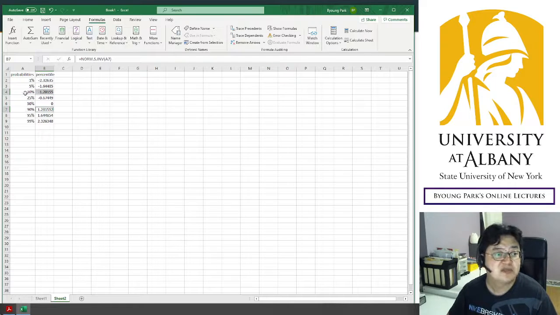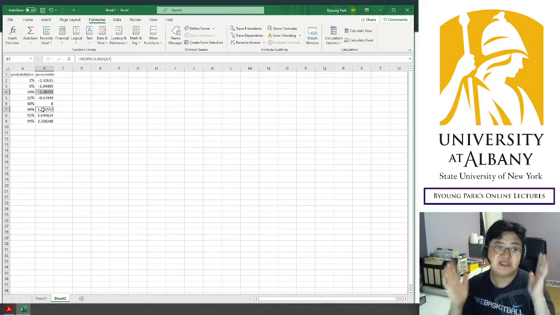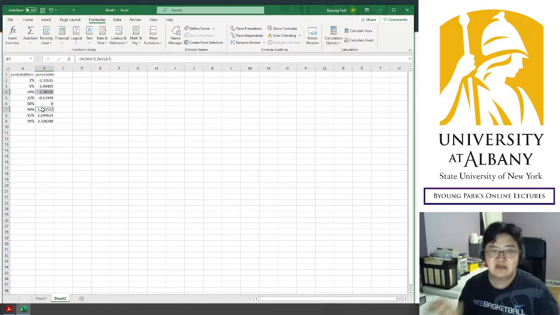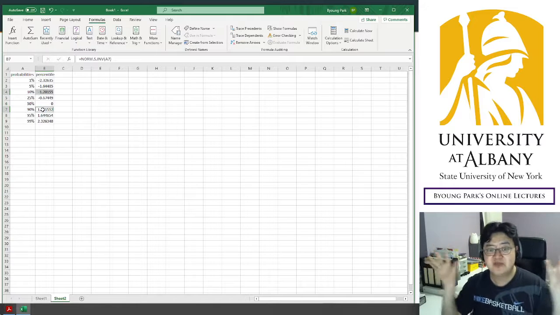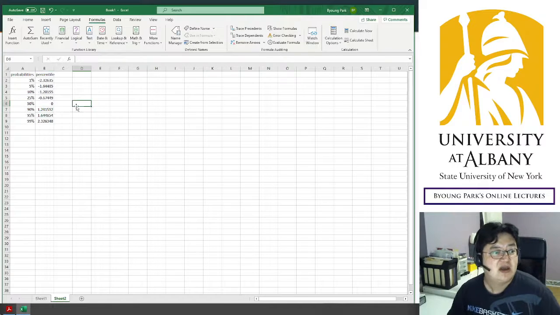So the 10 percentile is minus 1.28 something, then the 90 percentile is positive 1.28. So the bottom 10% and top 10% are symmetric. This is how you calculate percentiles.